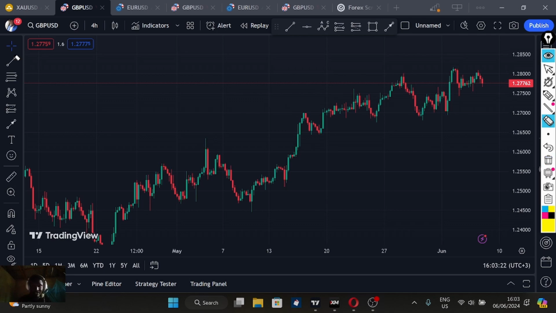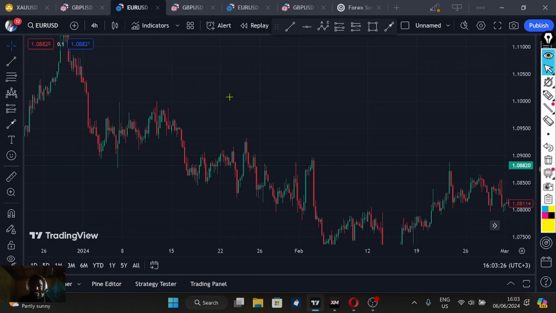The next market structure that we shall be looking at is the downtrend, and we know that this is a downtrend through lower highs, lower lows, lower low than the previous low and high.